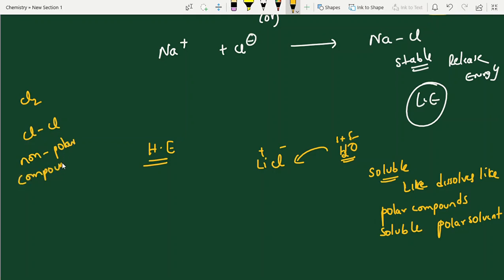Non-polar compounds are soluble in non-polar solvents, like benzene, toluene, CS2, CCl4. I am explaining that briefly here, and I will give solubility tricks, so that is useful.